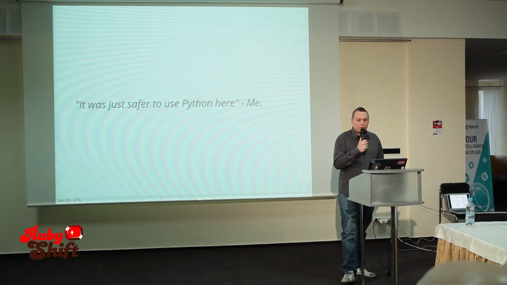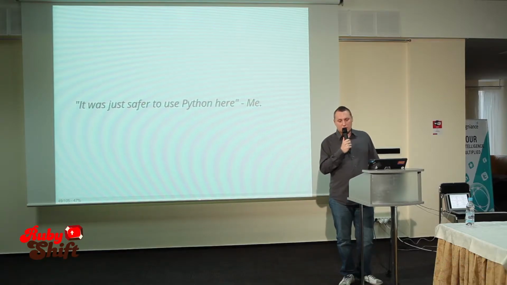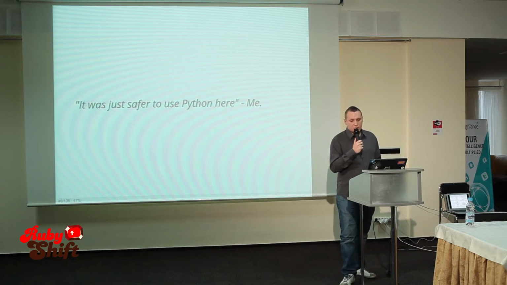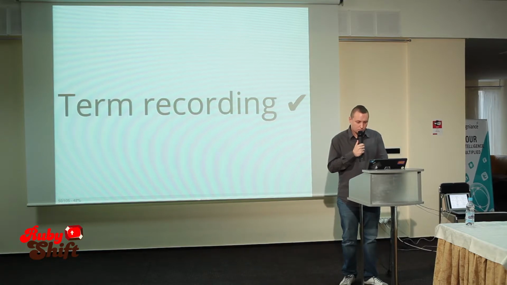So another quote from me, it was just safer to use Python here. I was tempted to use Ruby, but that was the best decision I made, because I released it 7 months ago. There are 1,200 recordings, and I had no single bug report about the recorder, either from OS X users or Linux users.